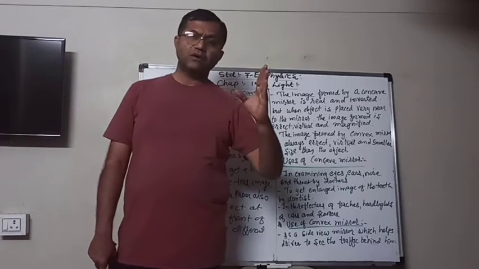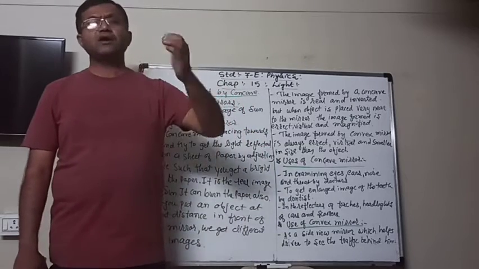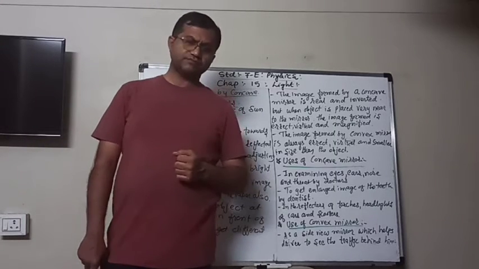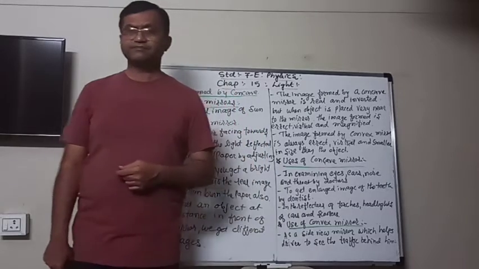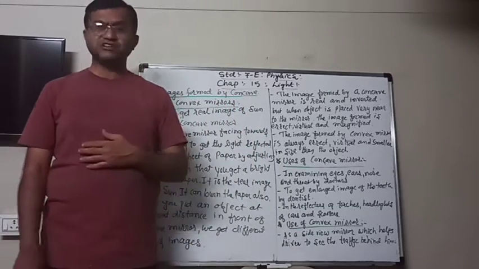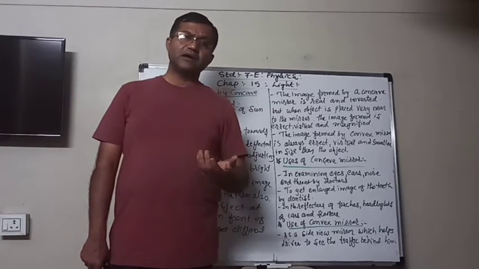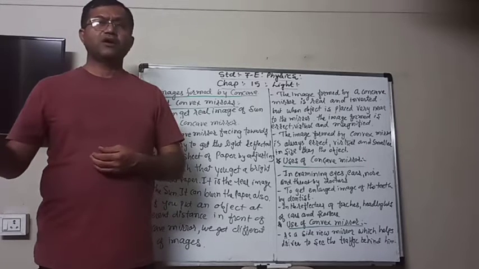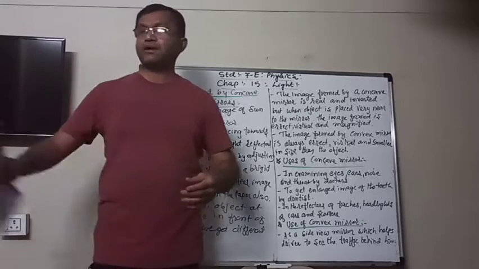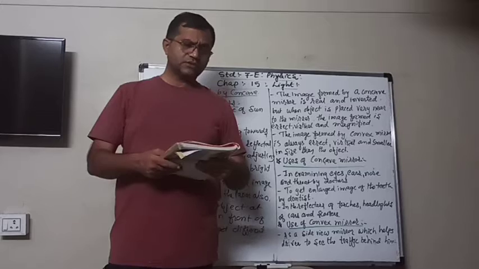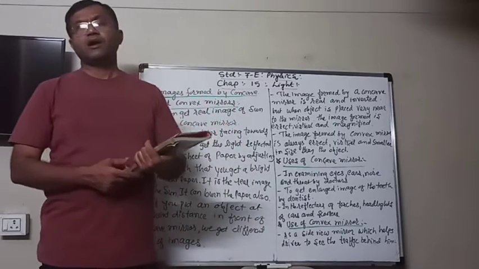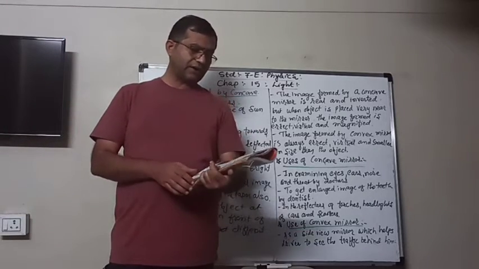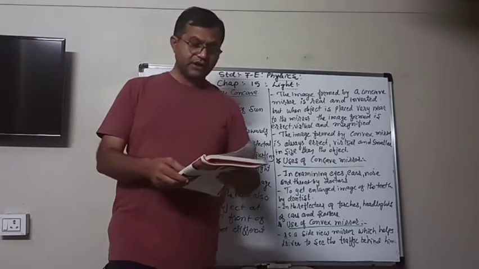Now, if you take a concave mirror and put it on the stand, and in front of it place a lighted candle at different distances, and then place a sheet of paper on a plain cardboard in front of it, and move them such that we can get the real image of the flame of the candle, as you can see here in the picture.